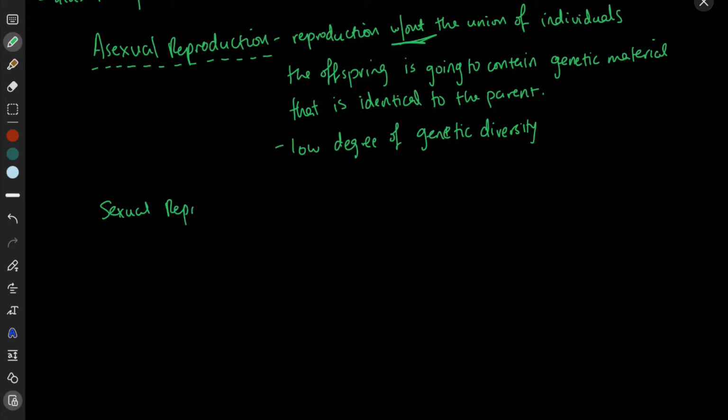Okay, so the other form of reproduction we mentioned was sexual reproduction, right? Sexual reproduction is reproduction that occurs with the union of individuals.